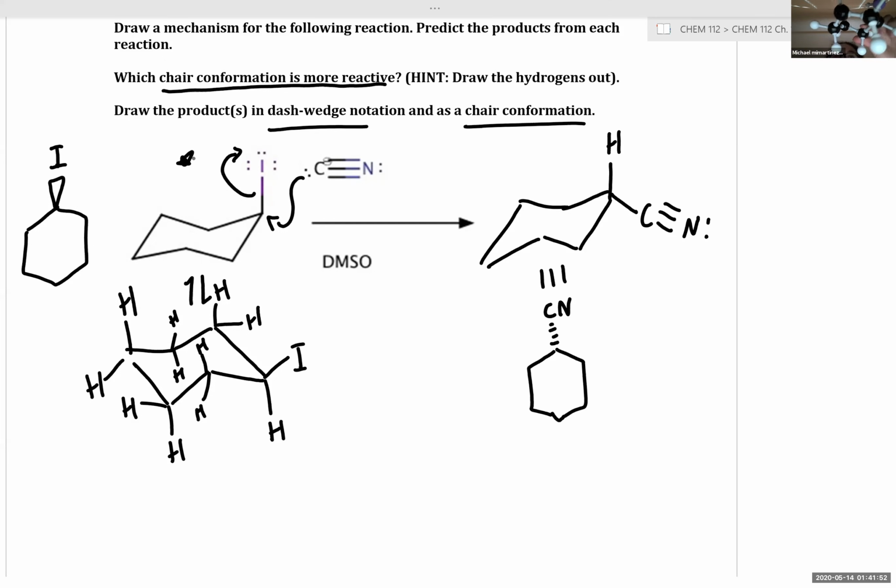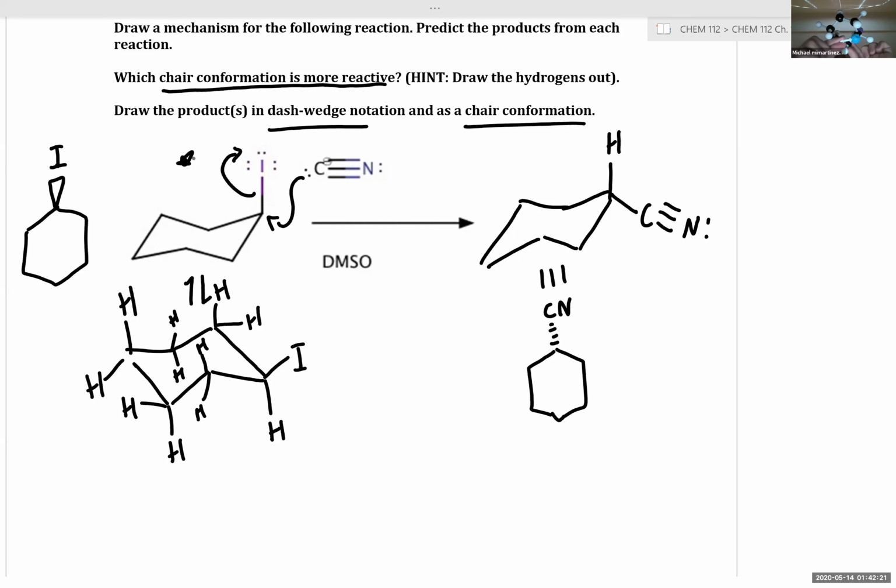So if our nucleophile tries to attack when it's in the axial position, we have a nice clean approach where we aren't necessarily bumping into many hydrogens. Does everyone see how if we're trying to attack this back carbon, there's a nice clean approach from the back side of our leaving group that doesn't bump into a ton of hydrogens?